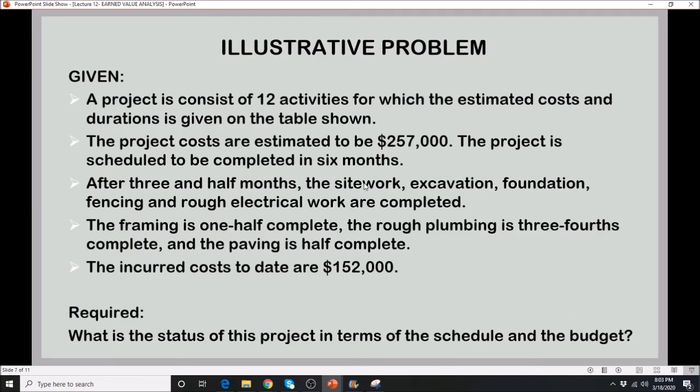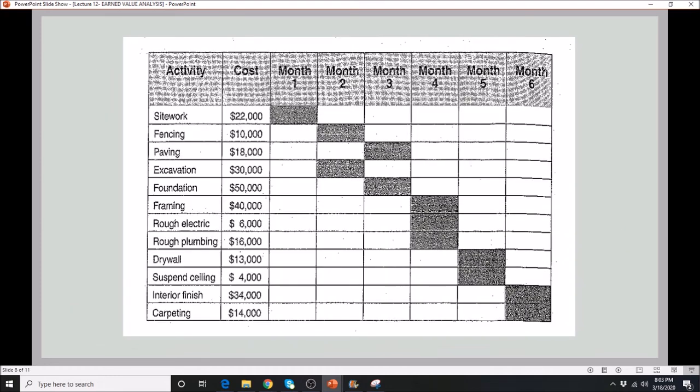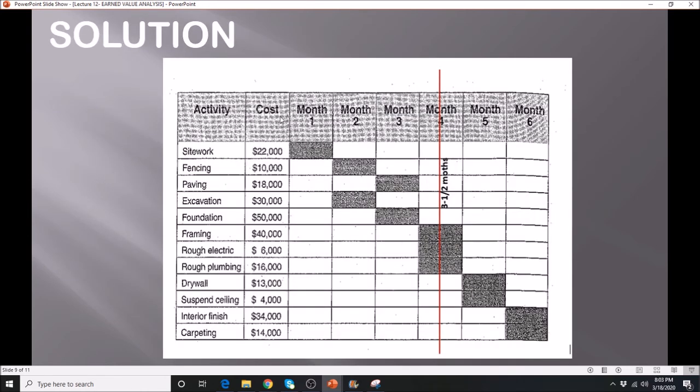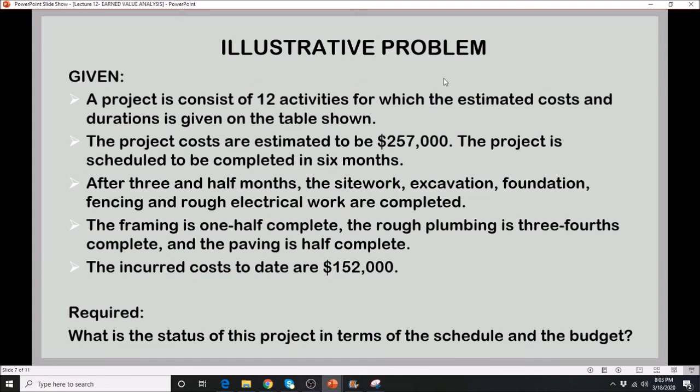How many have been completed? Site work, 1, 2, 3, 4, 5. So you have 5 completed based on the actual. So in our calculation, we have 1, 2, 3, 4, 5 completed. Where did we get those numbers? We get that from here. The site work and the fencing have been completed based on the given information here.